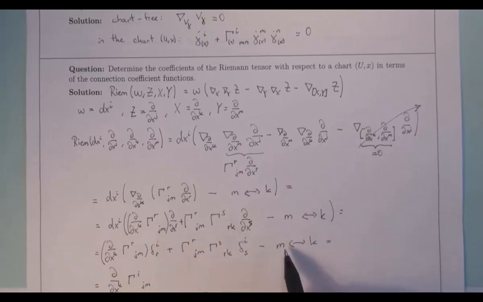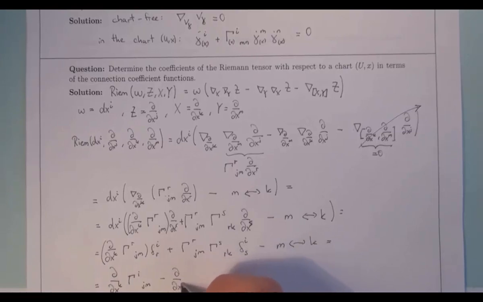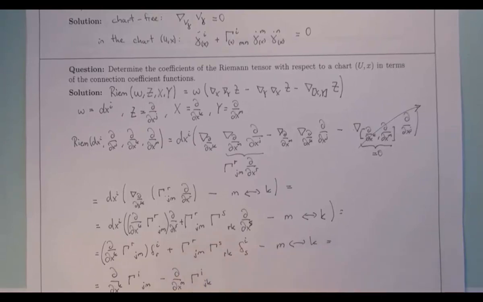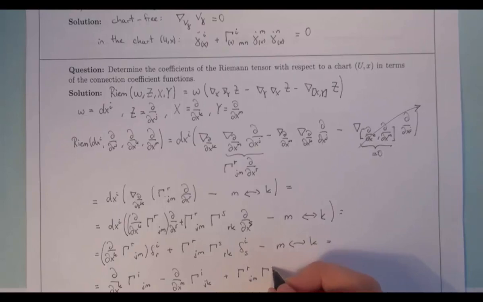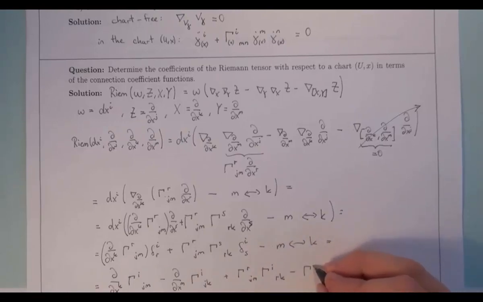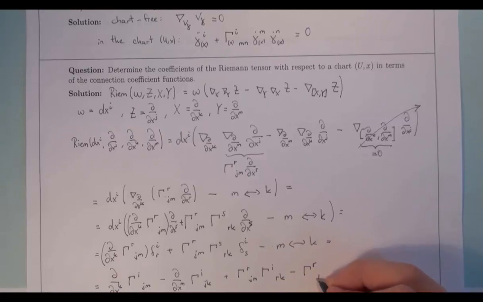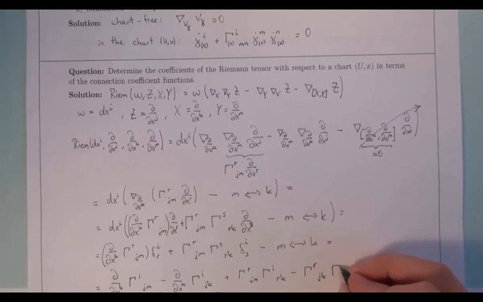From this other part, we get minus del xm on gamma ijk, and this term here produces a gamma rjm, gamma irk, minus, from this part here, gamma rjk, gamma irm.